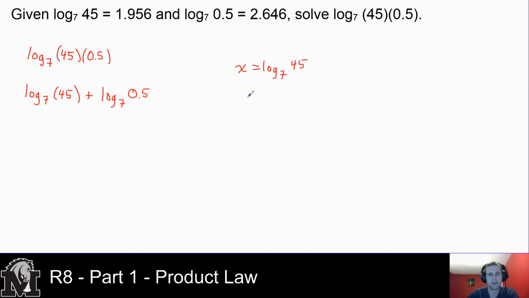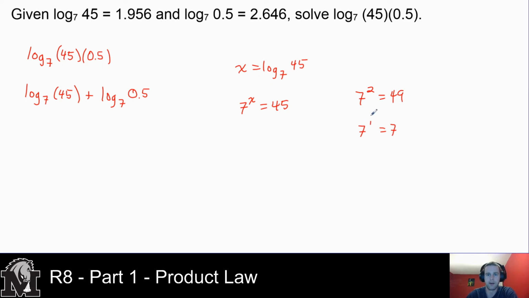But when we put this into exponential form, 7 to the power x equals 45, we won't find an integer number for x, because 7 squared is 49, so that's too high, and 7 to the power 1 is 7.